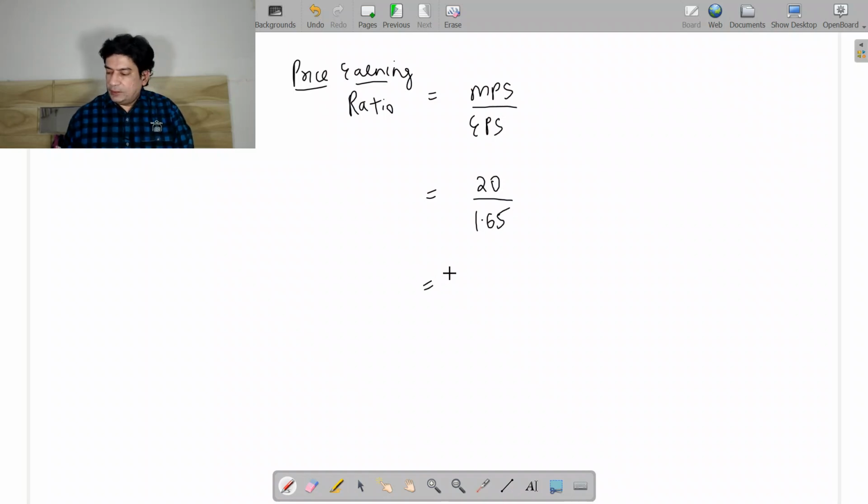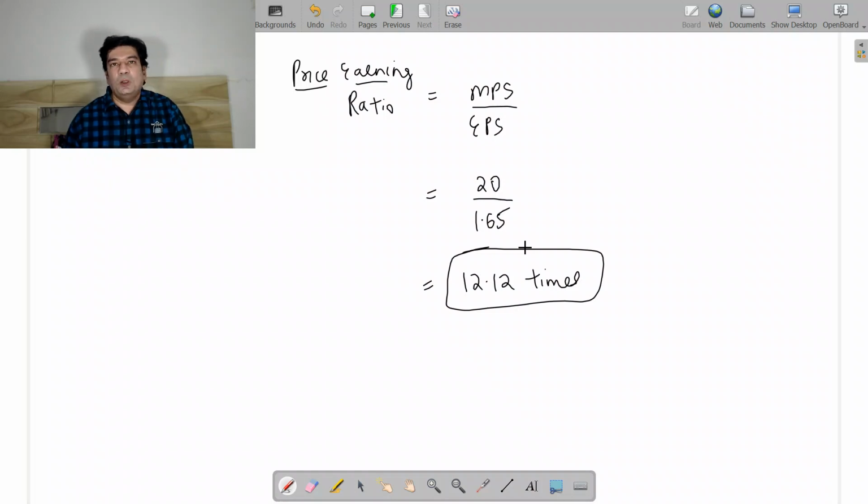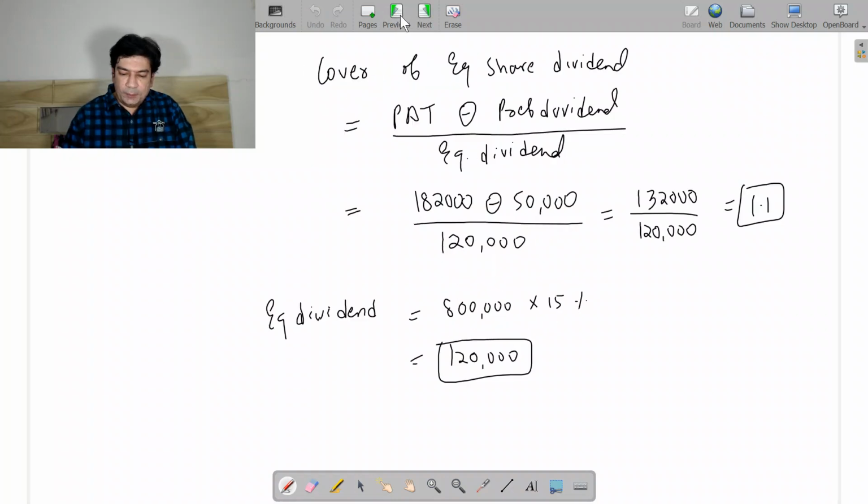So 20 divided by 1.65 is 12.12 times. PE ratio will always be shown in number of times. In other words, the market price is 12.12 times the earnings.